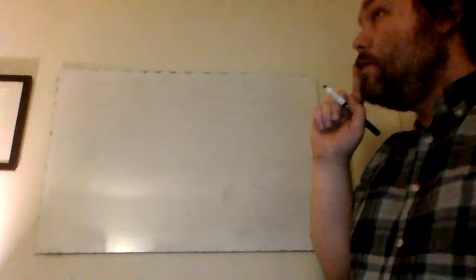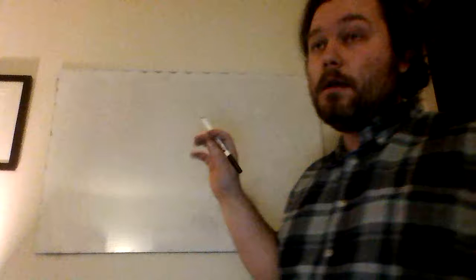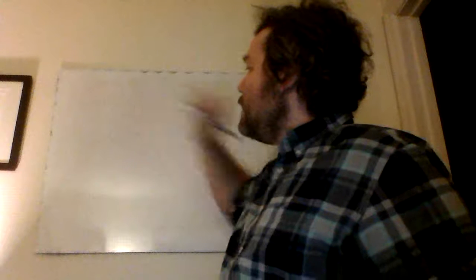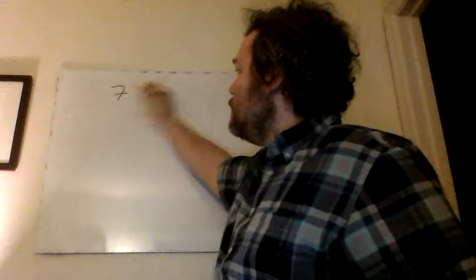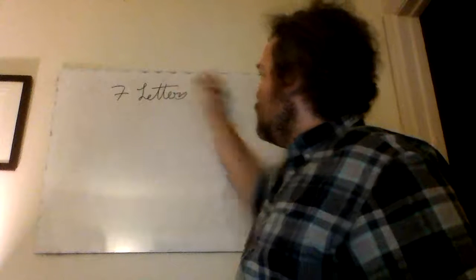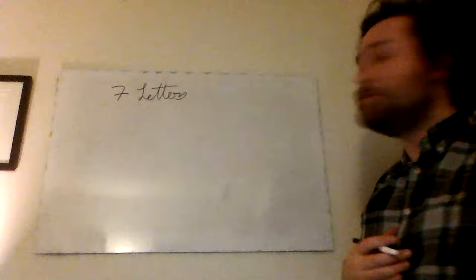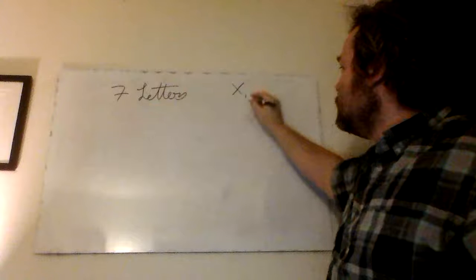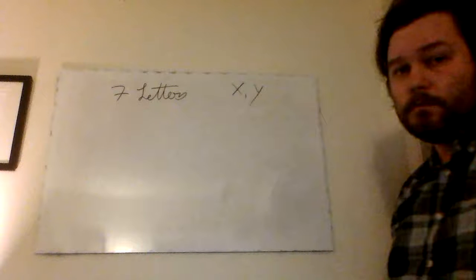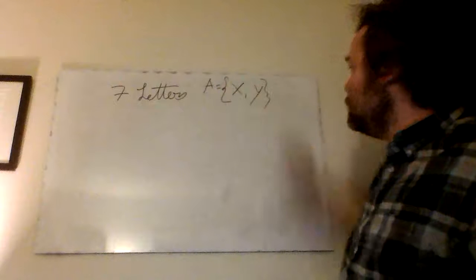So, let's say you're making some word, and it is 7 letters long, but you can only choose between X and Y. You only get to choose between these two letters.